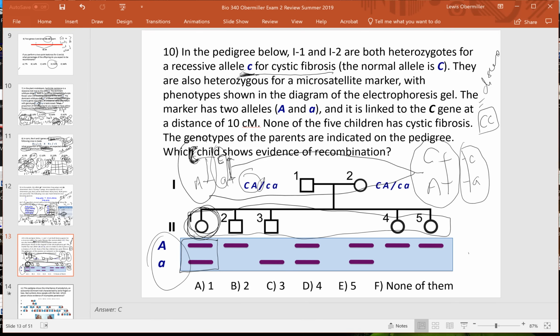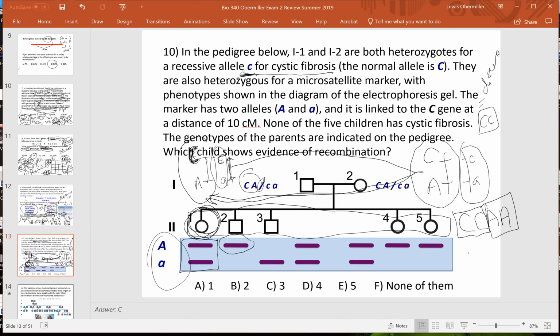So then if this fertilized that egg, we would get big C, and big A, big A. Did we see that? This fertilizes this one. So this person would not have cystic fibrosis, and it would be homozygous dominant, which would be this right here.